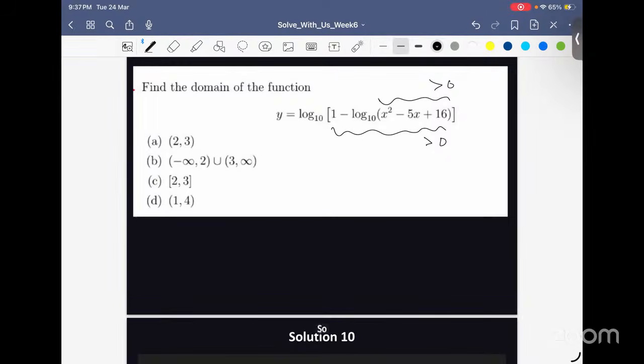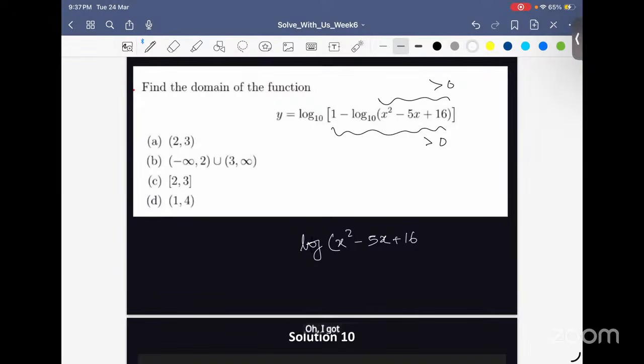So this should be option A. Yeah, option A is correct. Okay, sir. So just mark it. The log of x squared minus 5x plus 16 is always greater than 0. Oh, is it?